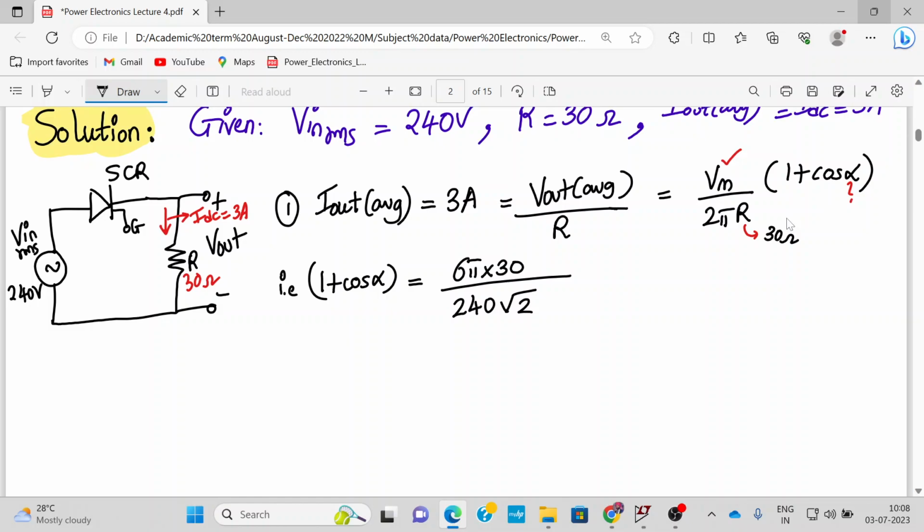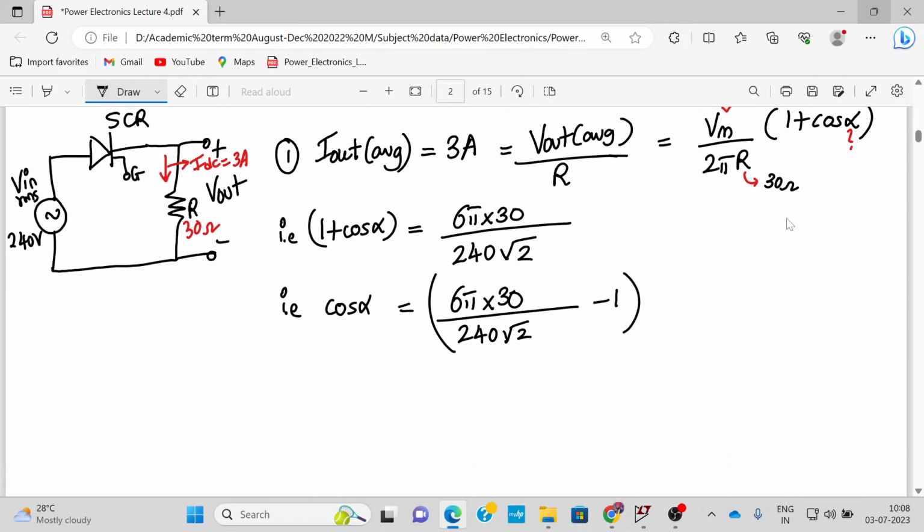This 3 multiplied by 2 pi, that is 6 pi. R value is 30, and this divided by Vm. Vm is 240 root 2. So yeah, so cos alpha will be given by this quantity, which is 6 pi into 30 divided by 240 root 2 minus 1.